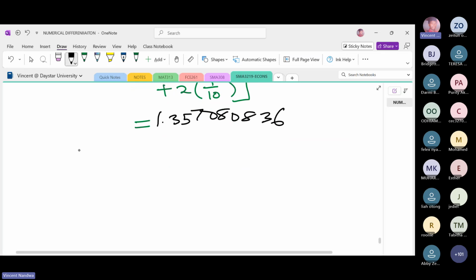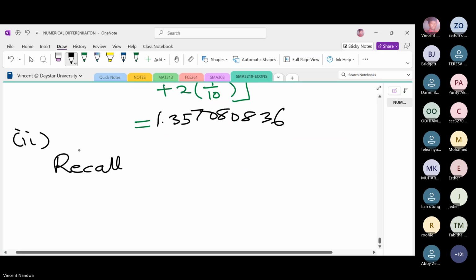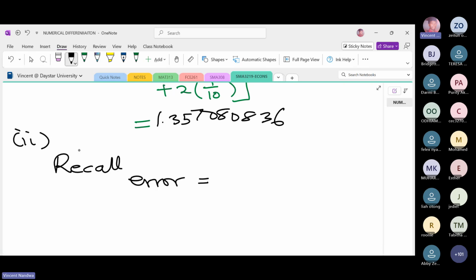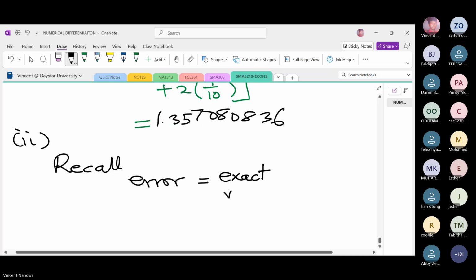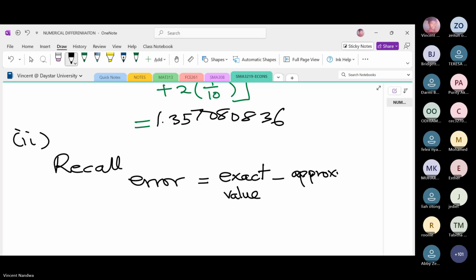So recall, error is simply exact value minus approximate value.